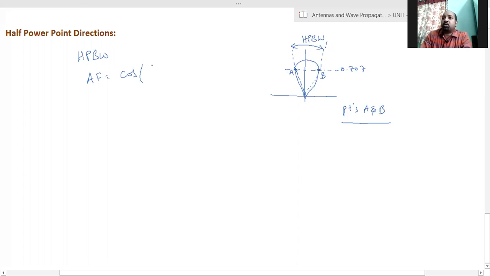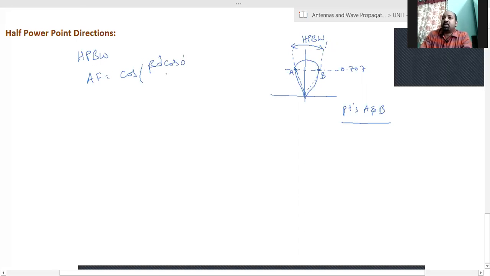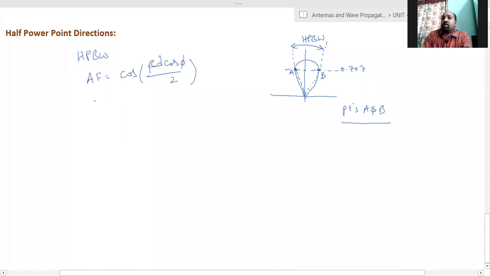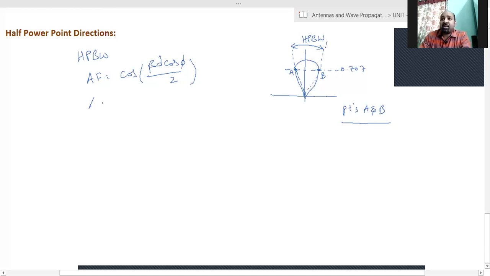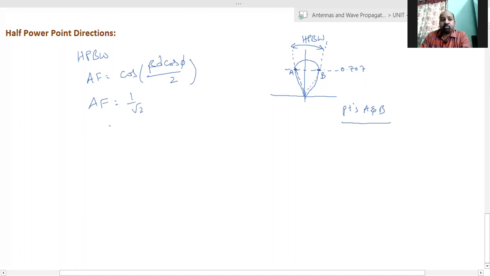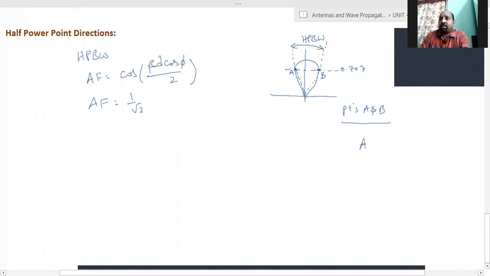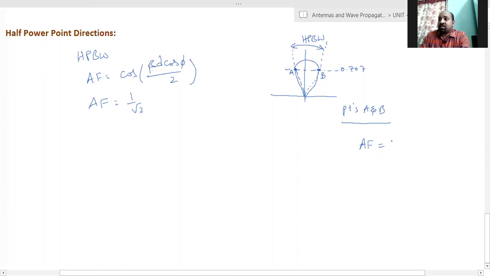The array factor is equal to cos(beta d cos phi by 2). Half power point directions occur when the array factor is equal to 1 by root 2. Maximum directions occur when the array factor is 1.